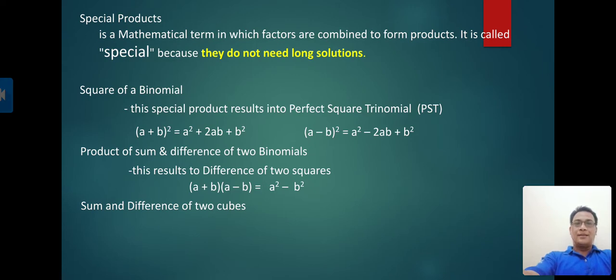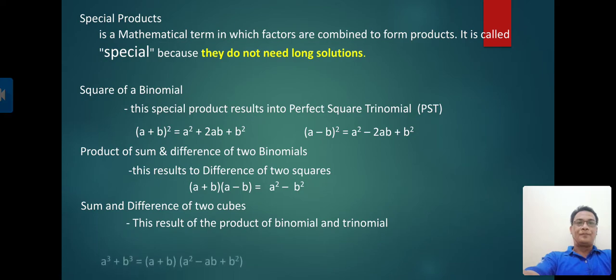Okay, so let me have the sum and difference of two cubes. This results from a product of a binomial and a trinomial.